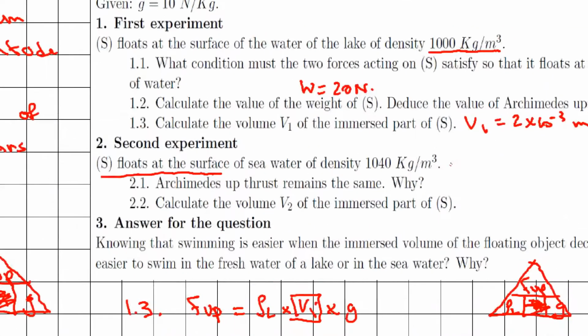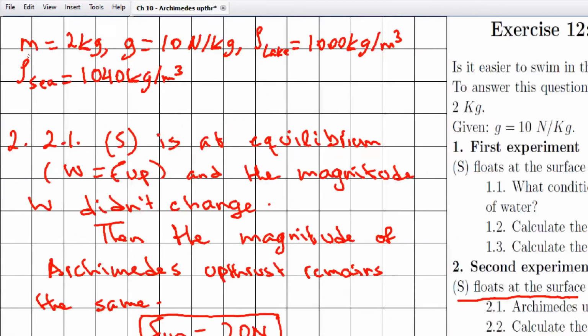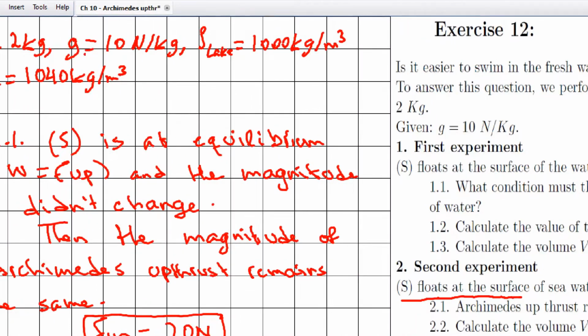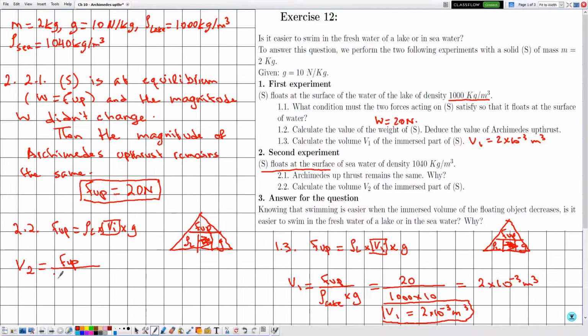Notice that here the liquid is the seawater, and the density changed: previously the liquid was the water of the lake with density 1000. Now the liquid is the seawater and its density is 1040 kilograms per cubic meter in the SI. So the density of the liquid is represented by the density of seawater multiplied by g.